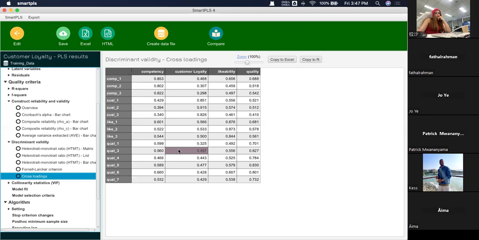Remember what we are trying to do here is to check how reliable our data is. So when you have problems here, it means you've not designed your instrument well, it means you've not collected the data appropriately. That can only be the problem. But if you've done your due diligence in data collection, you're not going to have any problem. And trust me, if you have a problem with all these things, you may have to go back to the field to collect the data. Exactly.